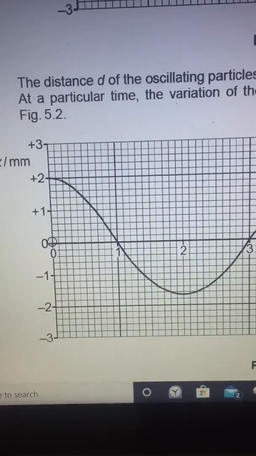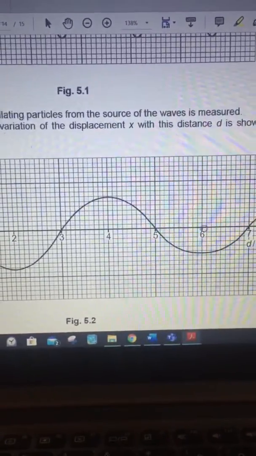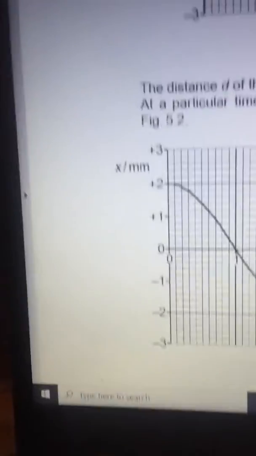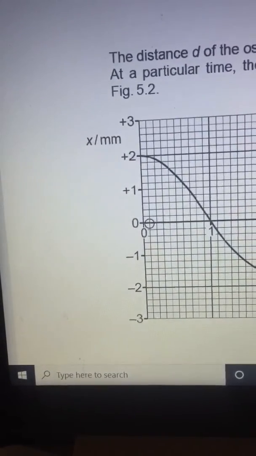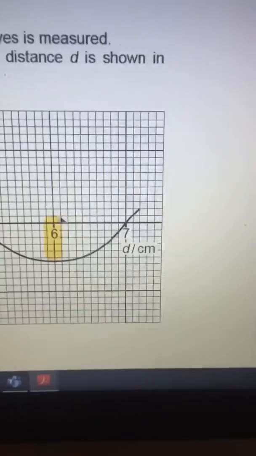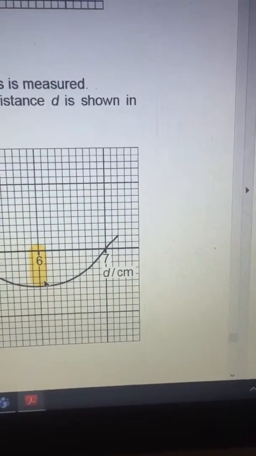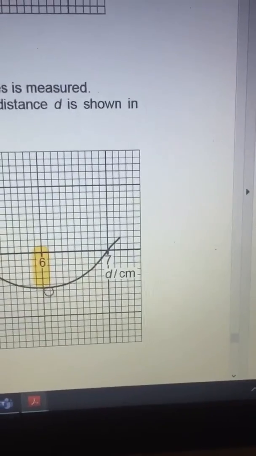So at the peak it has 2 centimeters amplitude, and 6 centimeters from the peak, you can see, each small box, 0 to 1, 1 is divided into 0.2. So here it is 1, 2, 3, 4, 5. 5 means 1, and then half a box, each small box is 0.2, so half a small box is 0.1, so 1.1.